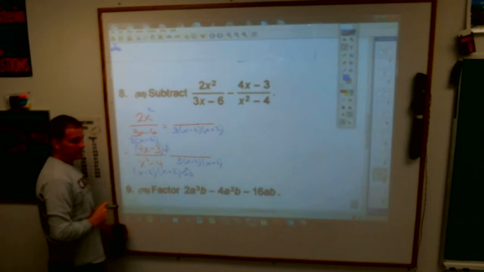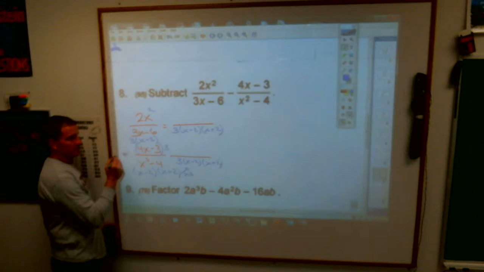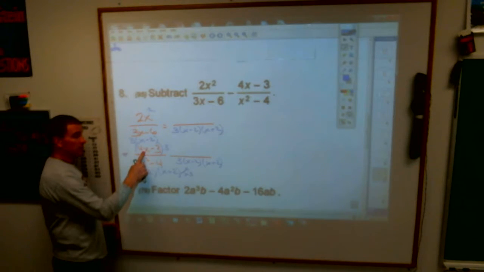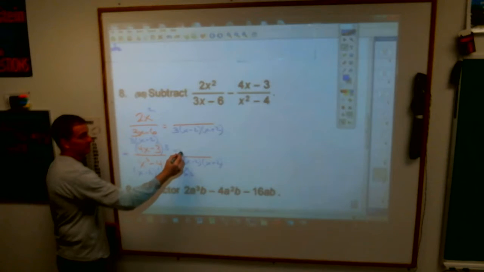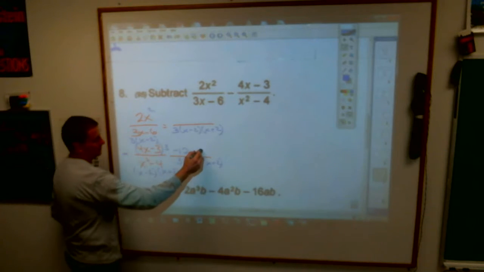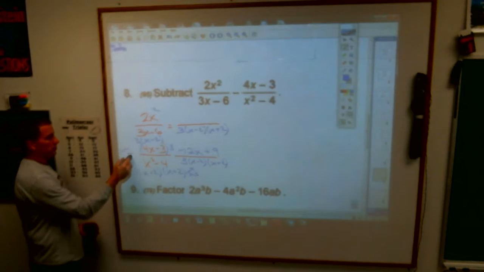And here is, if you missed it, probably partially the reason why, this is a minus that. So when you multiply 3 times 4x, you get 12x, but it's a minus 12x. And you multiply 3 times negative 3, you get negative 9, but it's minus a negative 9, which actually makes it a positive number. This is where most people go wrong.